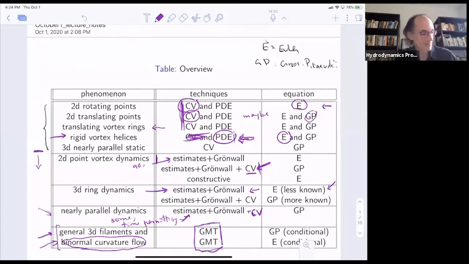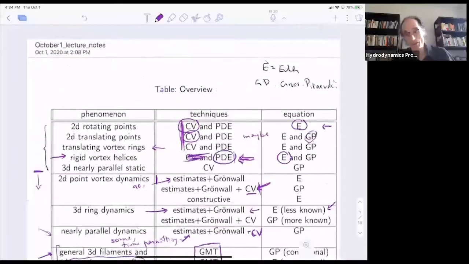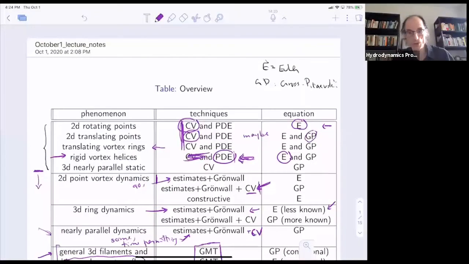But these all have a rather similar character. And so having done one in some detail, I think we won't do much more in that direction of the variational approach to the Euler equation. But there are interesting questions for students that you might consider.